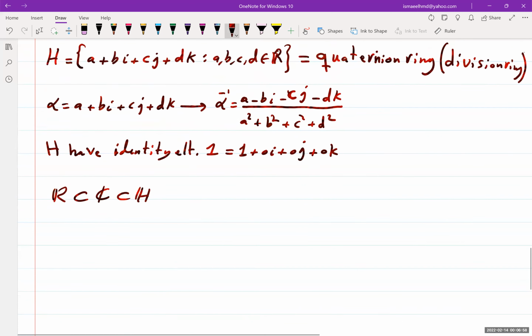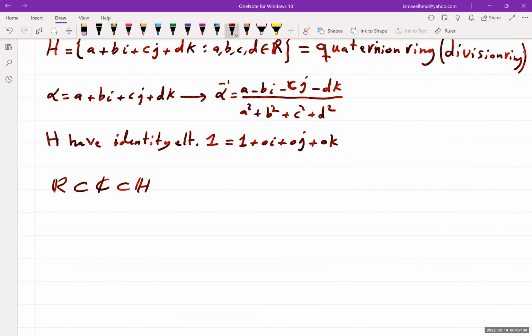Here i, j, and k with 1 are vectors in the four-dimensional Euclidean vector space.